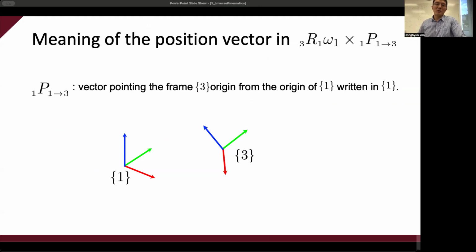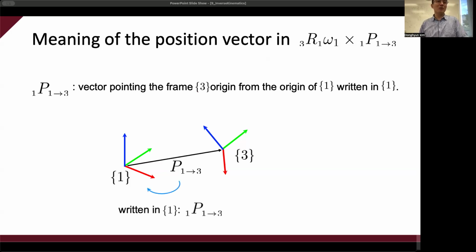So there is one more thing I want to also mention. This is something I mentioned multiple times, but the vector we're currently thinking about is pointing to our target frame from the origin. And this vector can be described in two different places. One is frame 1 or frame 3.